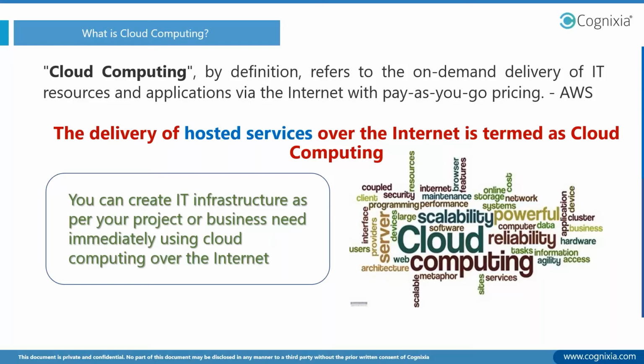But AWS has a slightly different definition. It refers to on-demand delivery of IT resources and applications via the internet with a pay-as-you-go pricing model. So AWS is more or less concentrating on pay-as-you-go pricing. AWS charges on a per-hour basis.